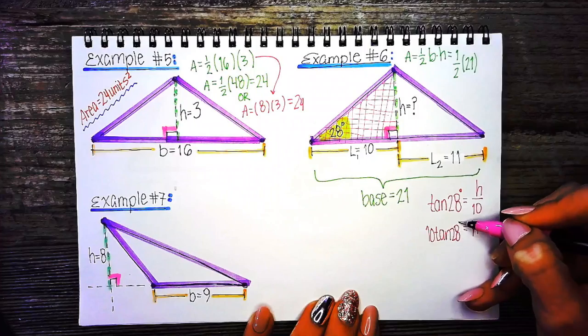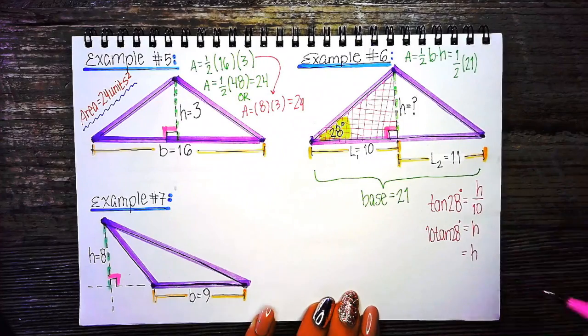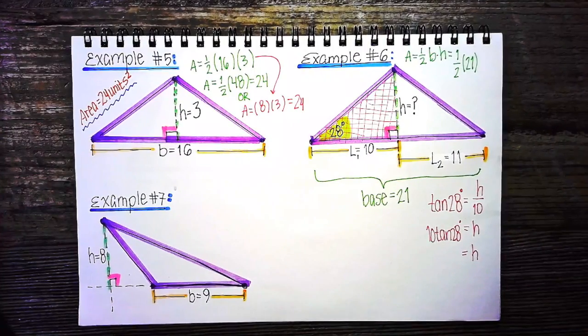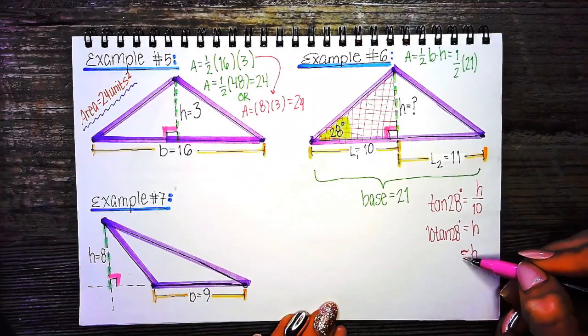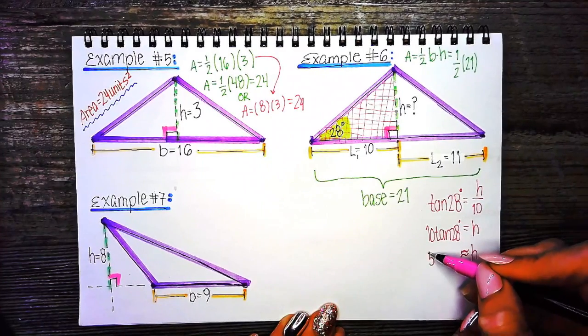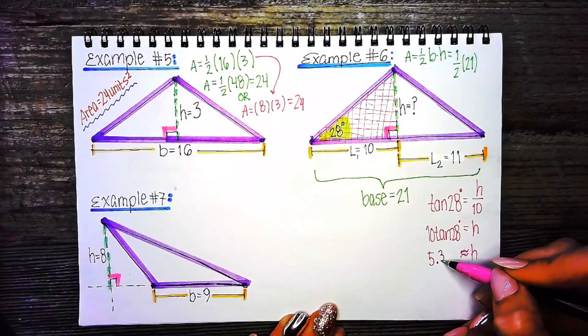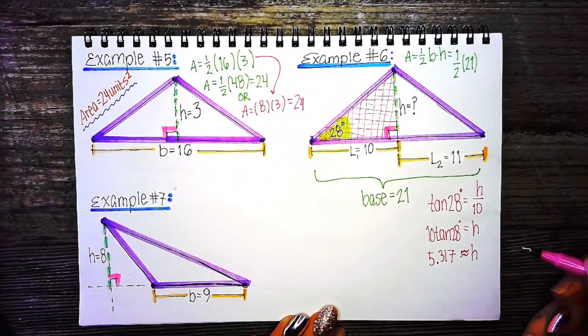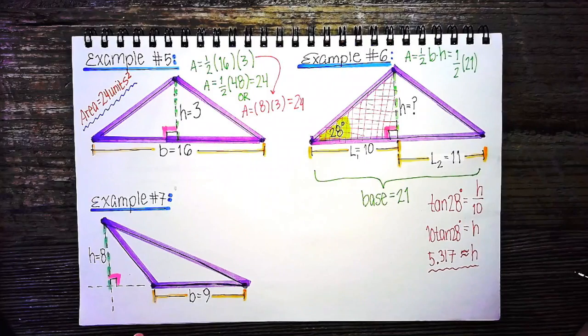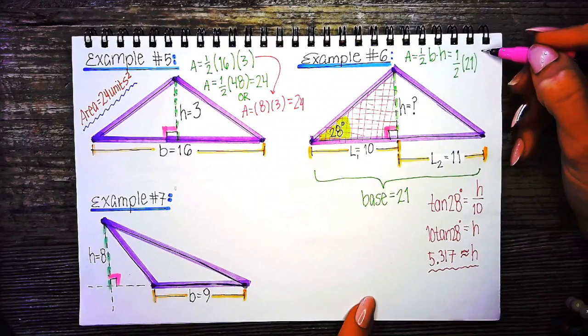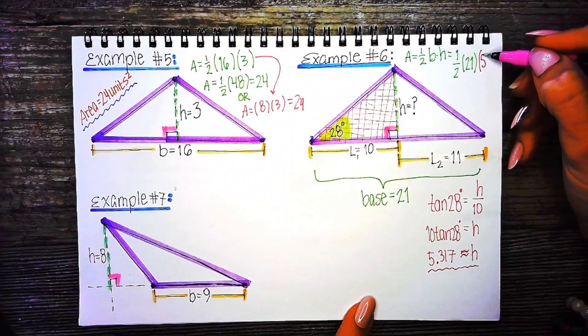Then what we'll do is find the area using area equals 1/2 base times height. You could type everything into your calculator at once if you wanted to. What do I mean by that? Well, you could do area equals 1/2 times 21 times 10 tan 28 degrees. As long as your calculator is in degrees, this will work out just fine. You should also be careful that you're using parentheses and multiplication symbols correctly as well.